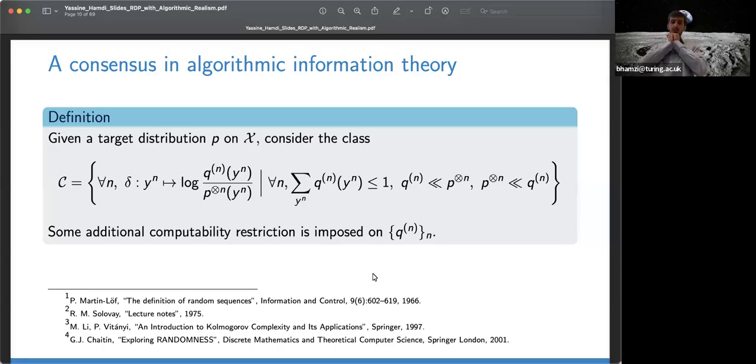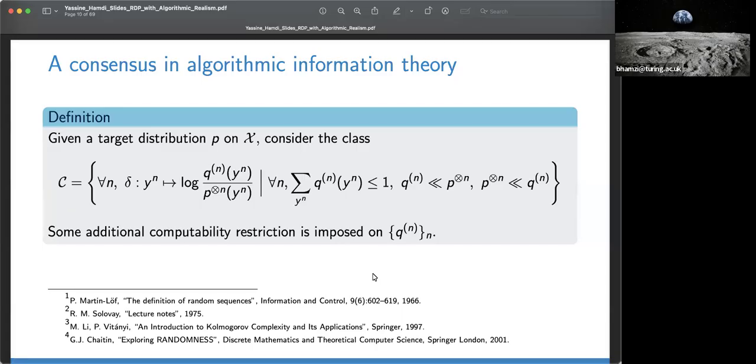As I said, we have a reconstruction. Again, the source was a sequence, the reconstruction is a sequence, Y^n. And we want to tell whether this reconstruction looks like a realistic sample from the source distribution, which is i.i.d. P. Essentially the consensus is that the notion of realism is encompassed by the values of the log-likelihood ratio.